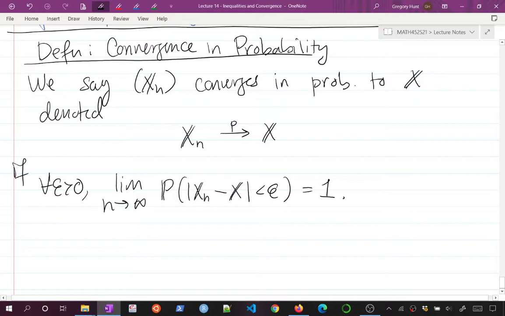Is it less than my threshold epsilon, or is it not? And convergence in probability says, if I go far enough out in my sequence, eventually that probability is going to hit 1, at least in the limit.